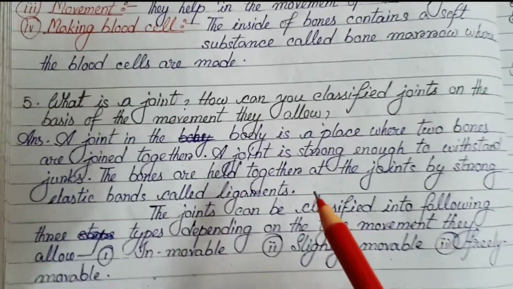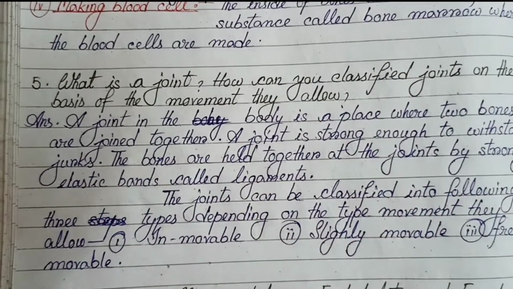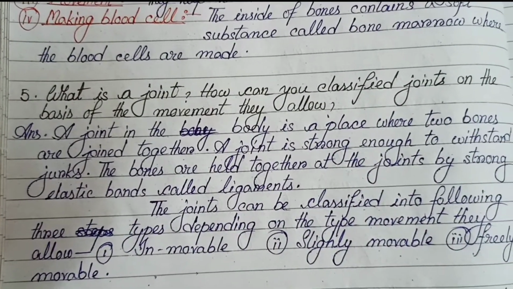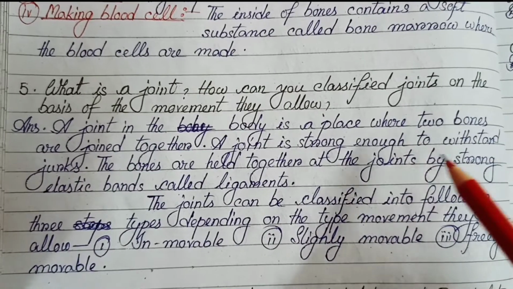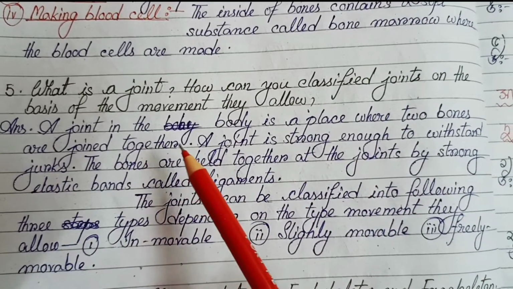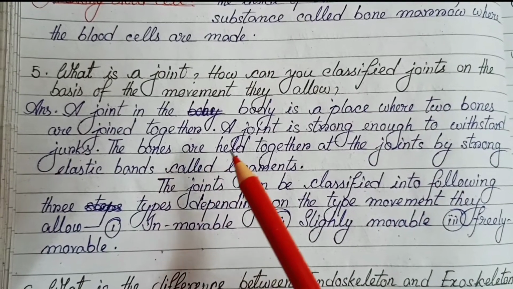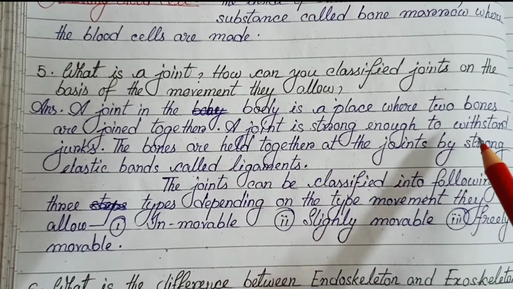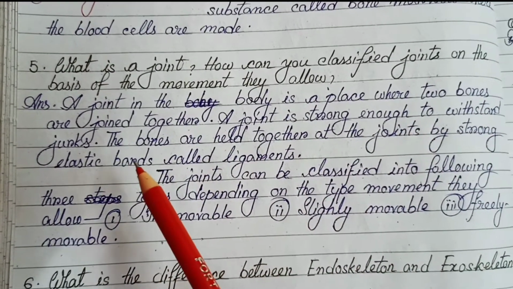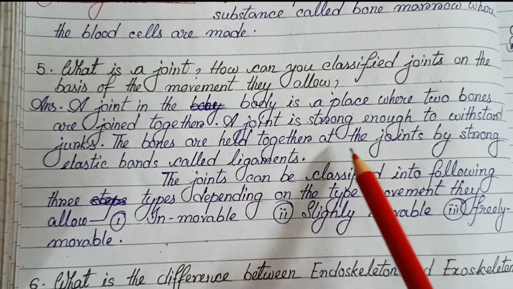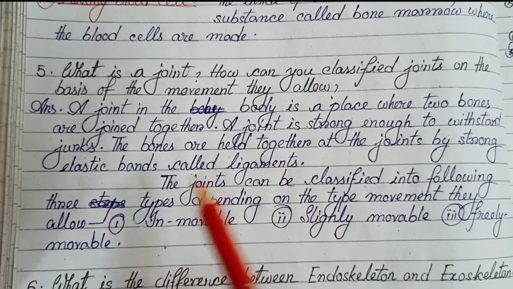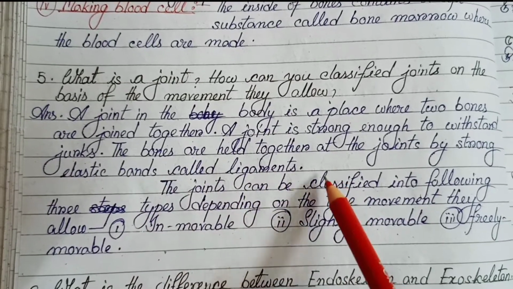Number 5, what is a joint? How can you classify joints on the basis of the movements they allow? A joint in the body is a place where two bones are joined together. A joint is strong enough to withstand jerks. The bones are held together at the joints by strong elastic bands called ligaments.